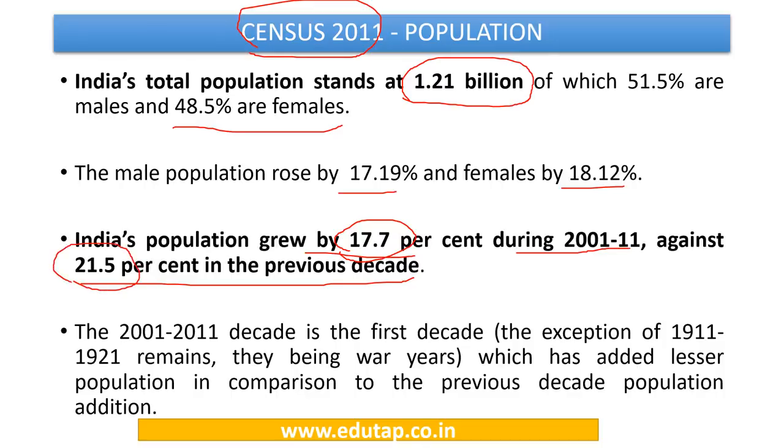Now it is only 17.7%. The 2001 to 2011 decade is the first decade, with the exception of 1911 to 1921, which has added a lesser population in comparison to the previous decade's population addition. So we have to remember this important fact.